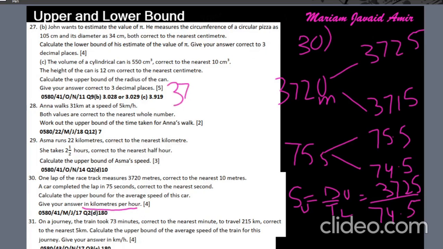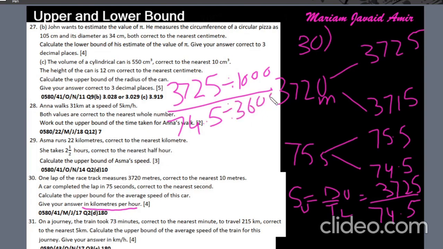So I'll change my numerator from meters to kilometers by dividing it by 1000, and I'll change my denominator from seconds to hours by dividing it by 3600. So I'll enter all of this in my calculator and I get 180, which is the answer for this part.